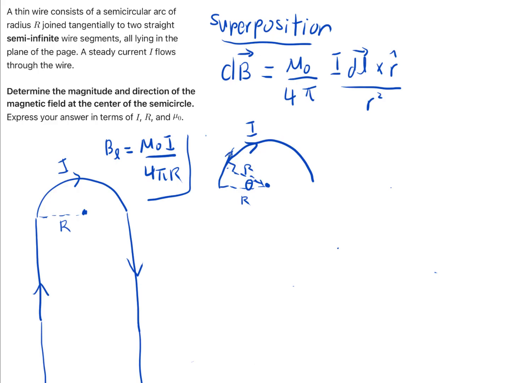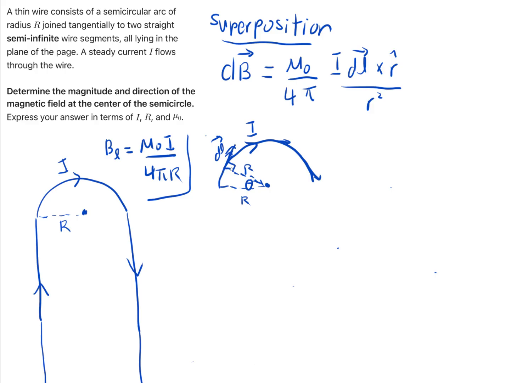And this tangent is the direction of dl at every point, since that's where the current is flowing. If you take, for example, this point, the current will be flowing along here. If you take this point, the current will be flowing tangent to it. So there is a 90-degree angle everywhere between the radius r and dl.